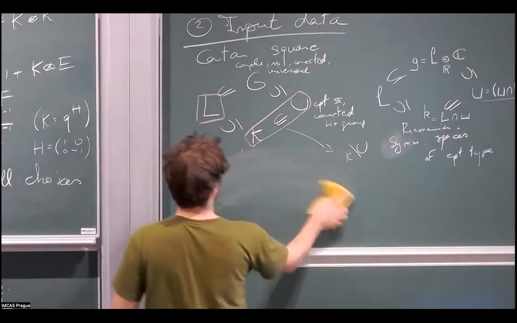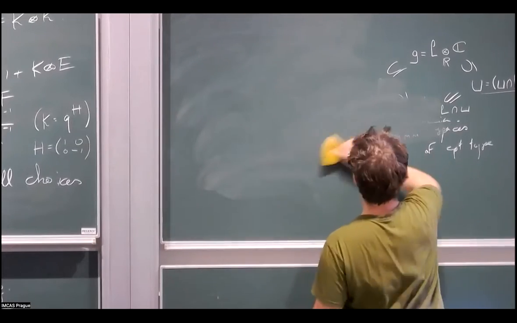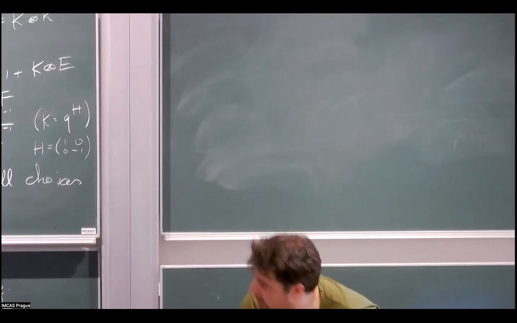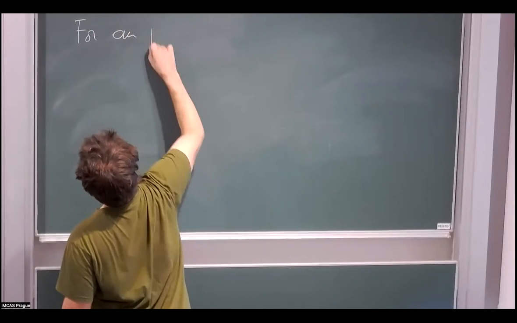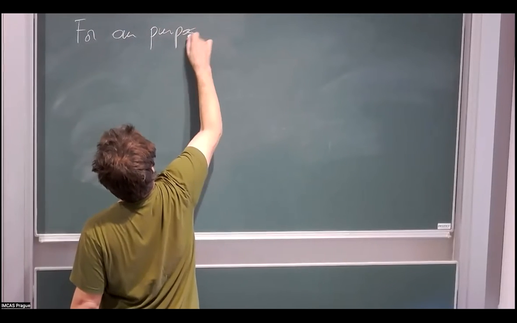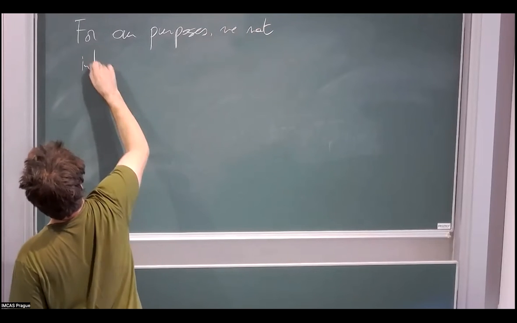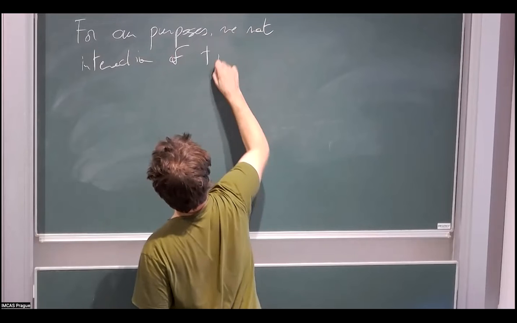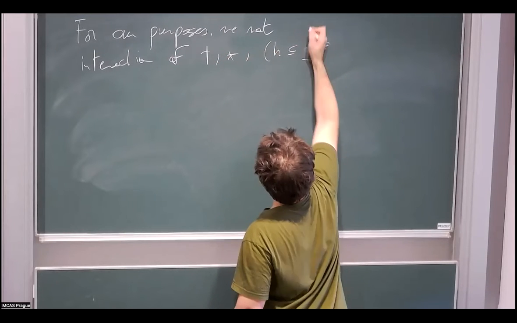So let me just explain what I want of this position of L, or of this dagger. Basically, that's the same thing. So for our purposes, we want interaction of dagger star and our Cartan datum as follows.